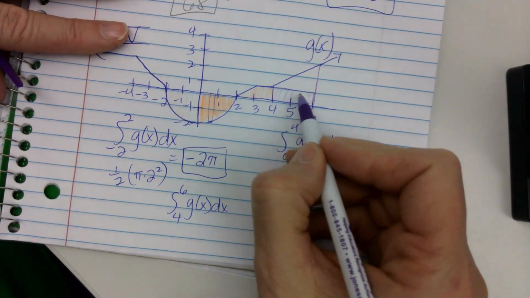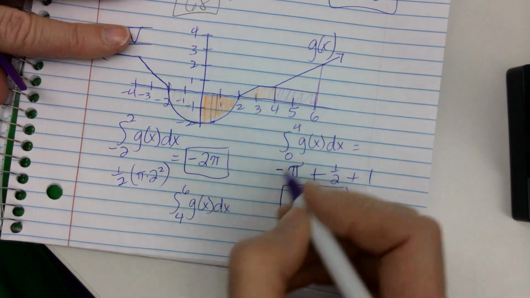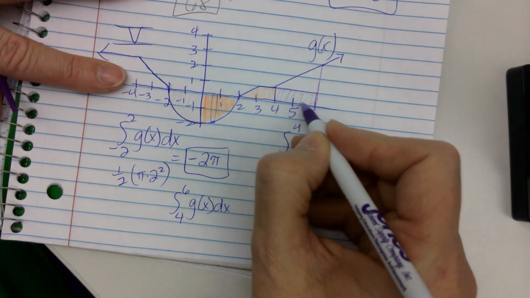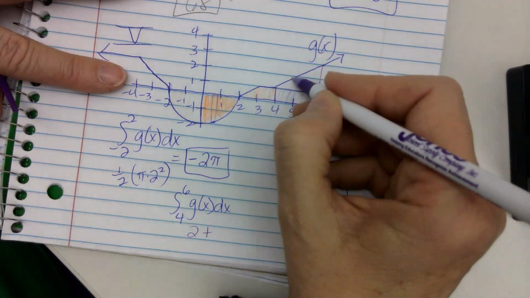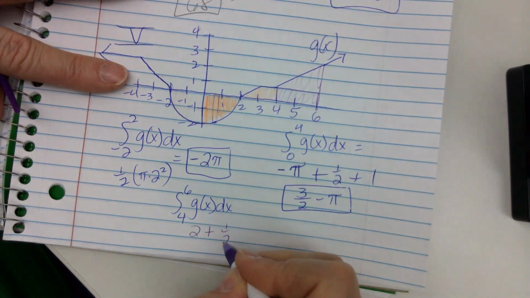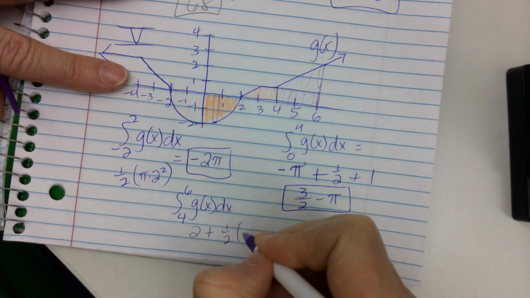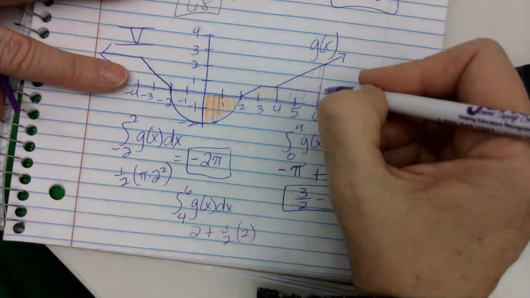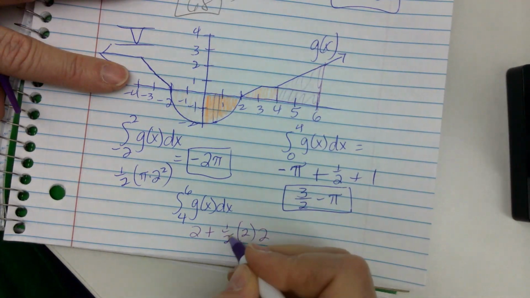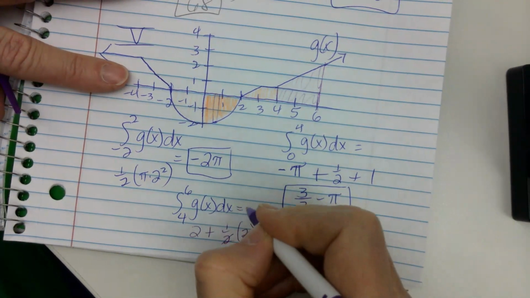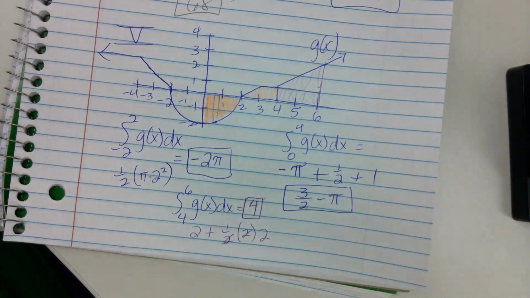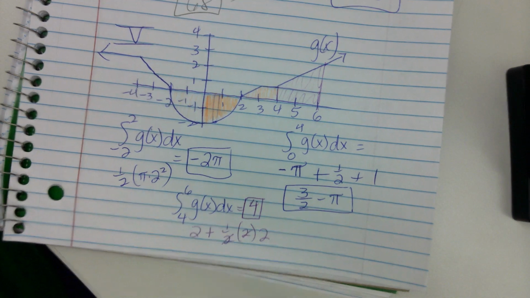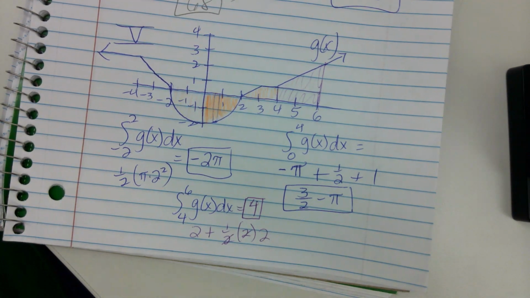What's the area of the rectangle? 2 times 1, 2, plus 1/2 base times height, right? What's the base? 2. What's the height? 2. So 2 plus 2, 4. It is that easy.